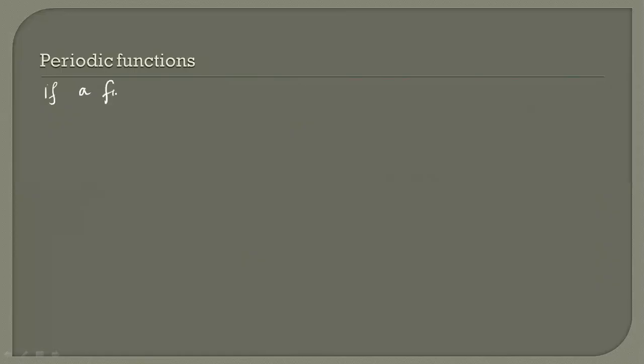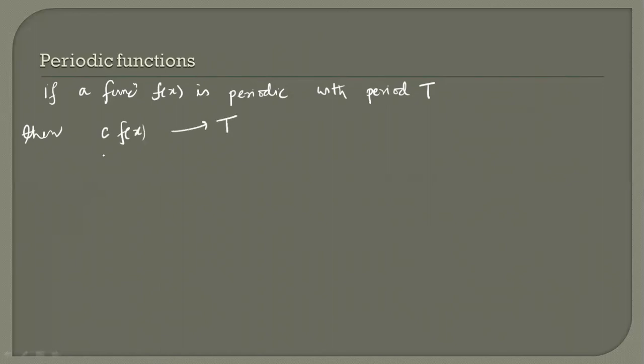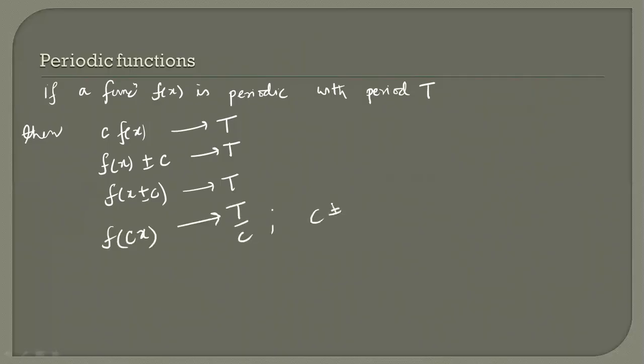If a function f(x) is periodic with period capital T, then c into f(x), a constant multiple, will also have the same period T. f(x) plus minus c will also have the same period T. But f(cx) will have period T by c when c is not equal to 0.